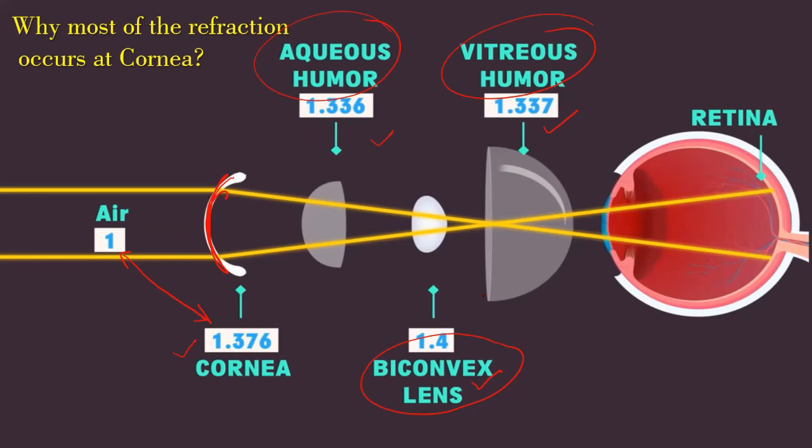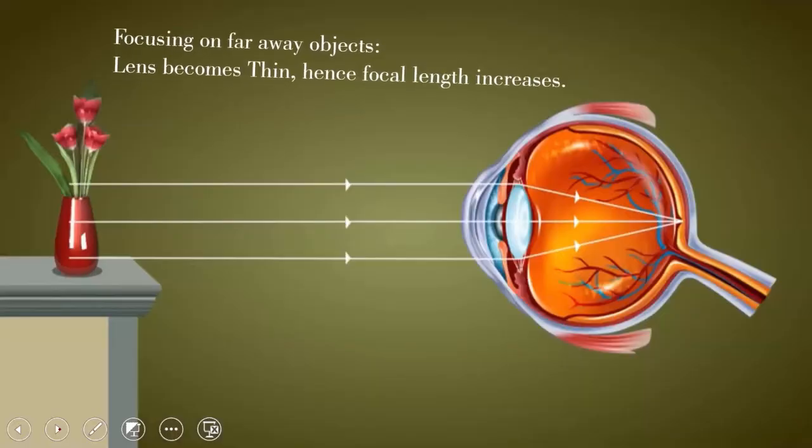So little refraction takes place there. But most refraction takes place at the interface of air and cornea, because the difference in refractive index is the highest, 1 and 1.37.